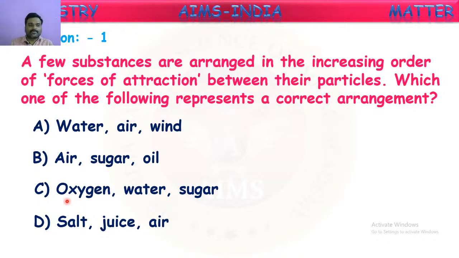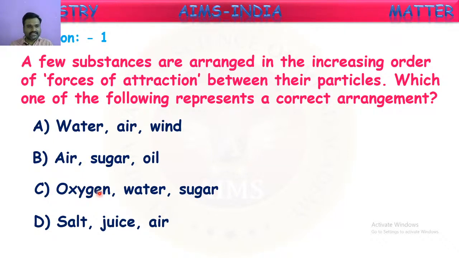Next, if you observe the third option, first it is given oxygen, which is a gas, having lower force of attraction. And next, water, which is a liquid, where the force of attraction is somewhat greater than in the case of oxygen. So increasing order till here. Next, sugar. Sugar is a solid which has the highest force of attraction compared to these two.